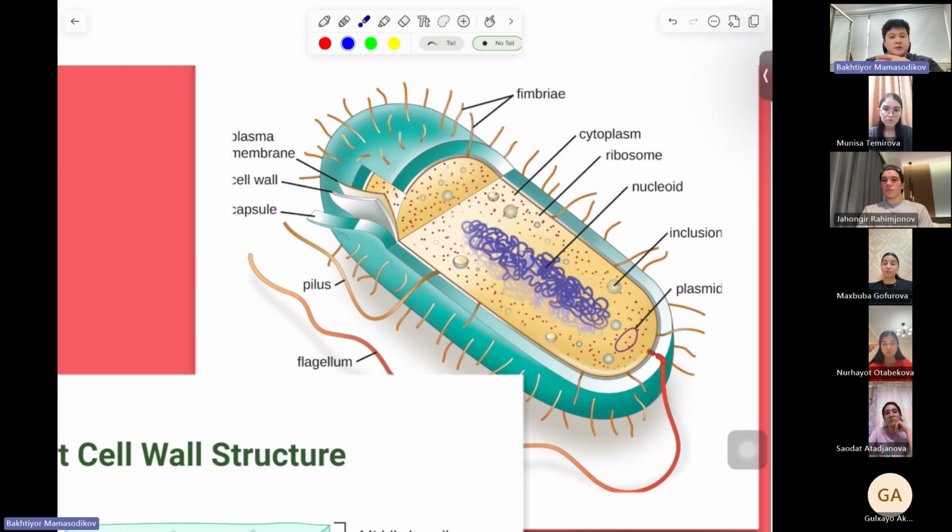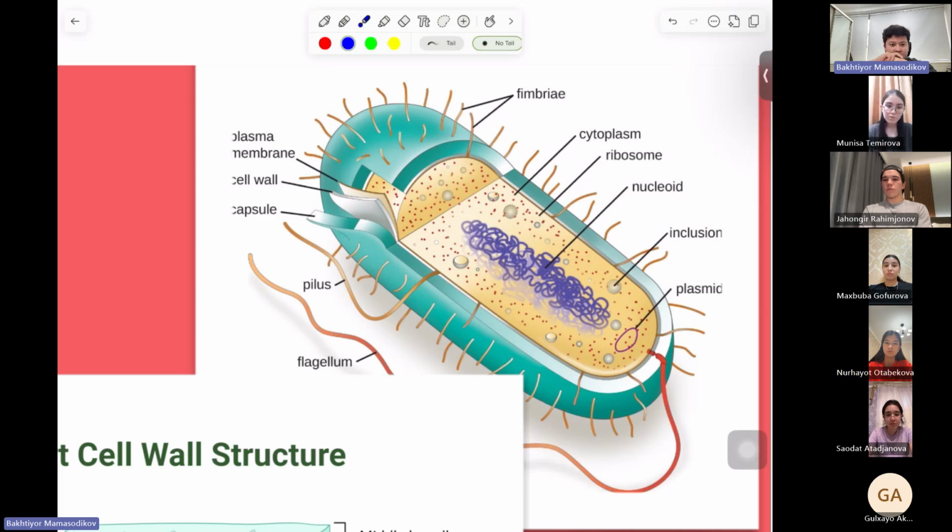Why does the cell need cytoplasm? They also work as a storage. Storage of what? Of ions, maybe.